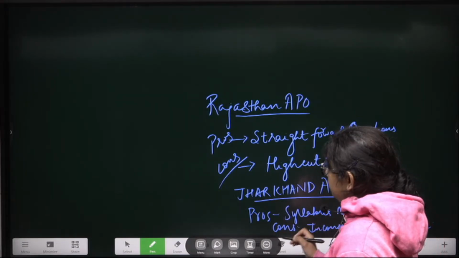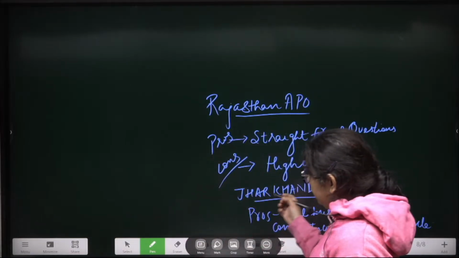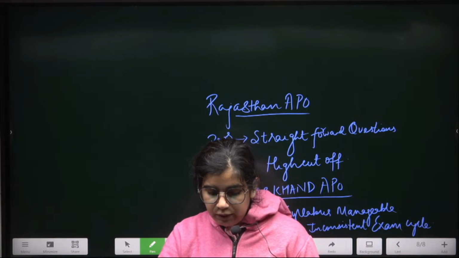So these are moderately difficult exams, Rajasthan APO and Jharkhand APO. These are quite moderate in nature, right?